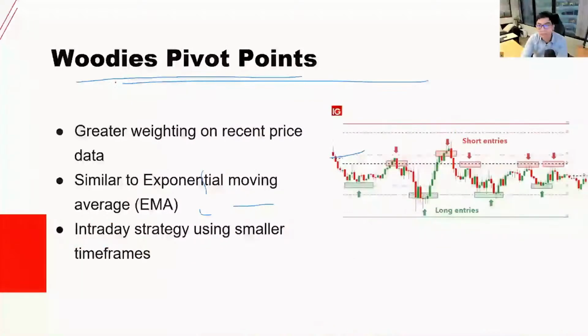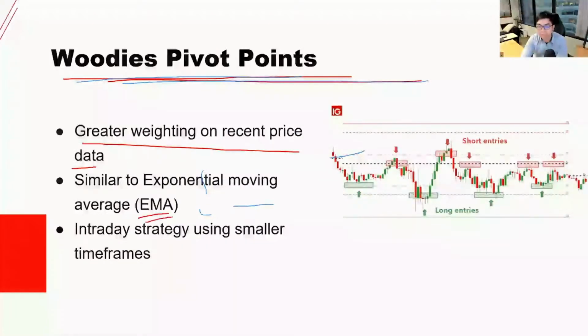Okay, next we have the Woody's pivot points. It has a greater weighting on recent price data, very similar to the EMA, and it's used for intraday trading. Woody's pivot points are made up of multiple key levels calculated from past points. The key levels include the pivot point itself and multiple support and resistance levels.